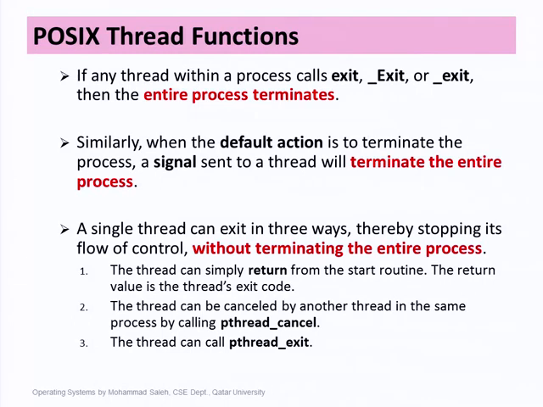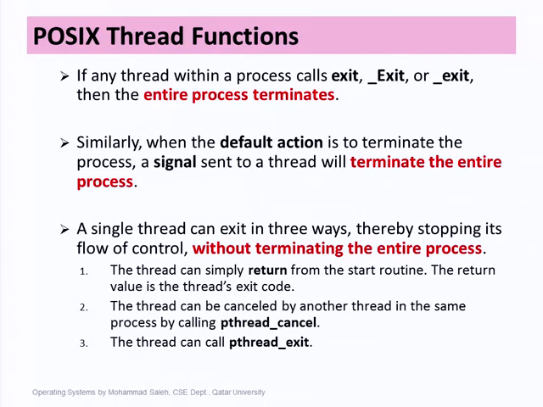Even if you call it from within any thread, it will terminate that thread and the whole process, meaning all the threads within the process are terminated. To avoid that, we use pthread_exit. When pthread_exit is called within a thread, it terminates only that thread, including the main stream of control, which is the main thread. If I call pthread_exit, it will only terminate that main thread, but not the whole process.